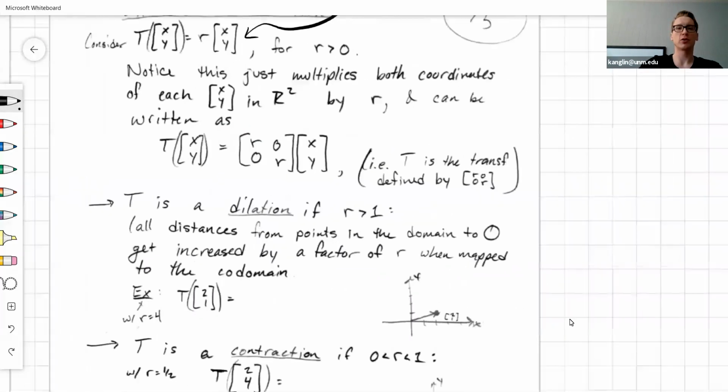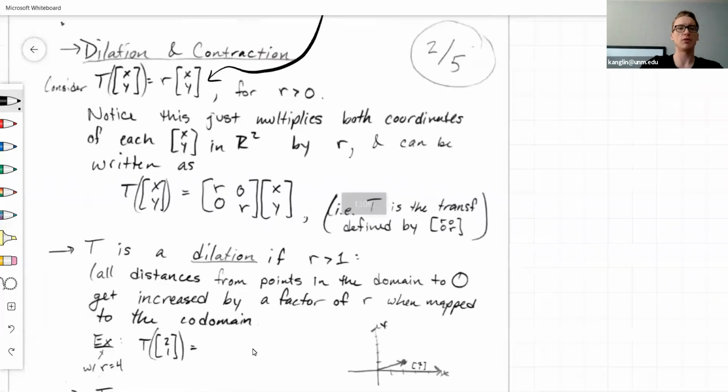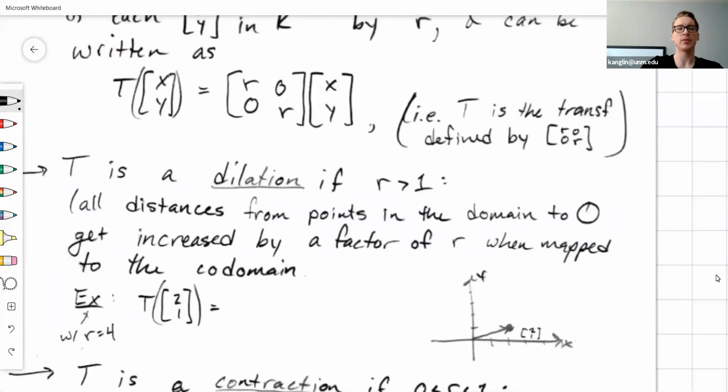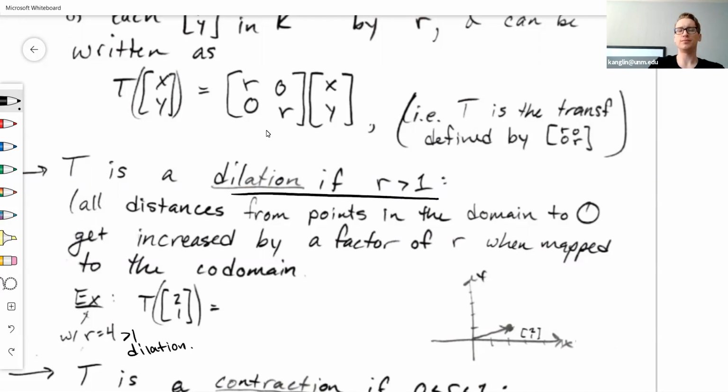So let's make sure we see this very clearly with this example down near the bottom of my page here. Let's do this example, T of 2, 1, where I'm going to take R equals 4 in this contraction dilation transformation. Certainly 4 is bigger than 1, so this is indeed a dilation by this definition.